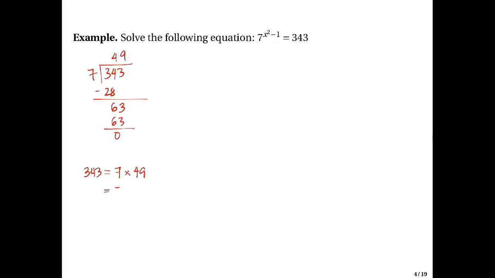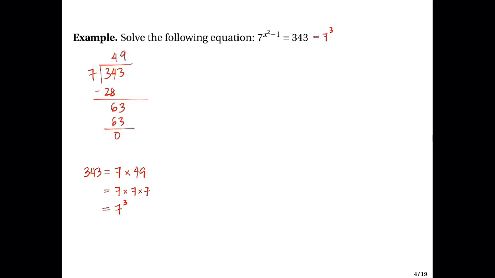So this is equal to 7 times 7 times 7, or we now write this as 7 raised to power 3. Okay? Which means we now write this 343 as 7 raised to power 3.